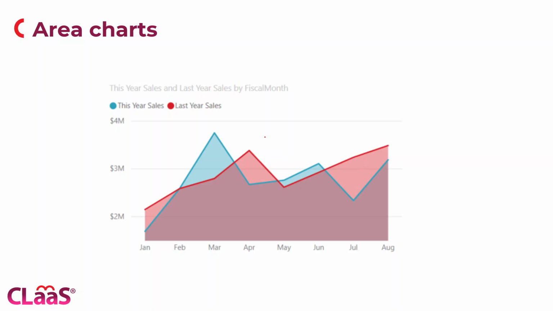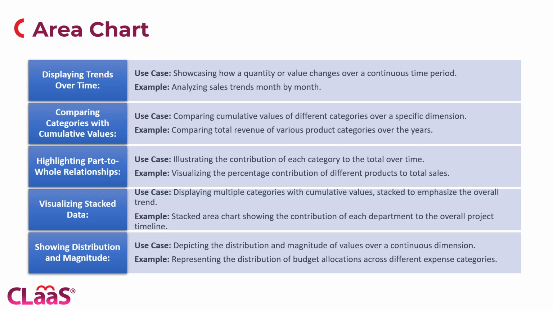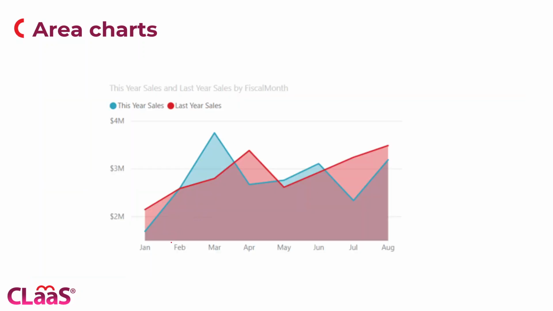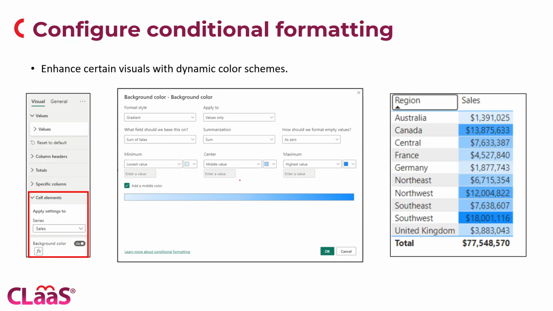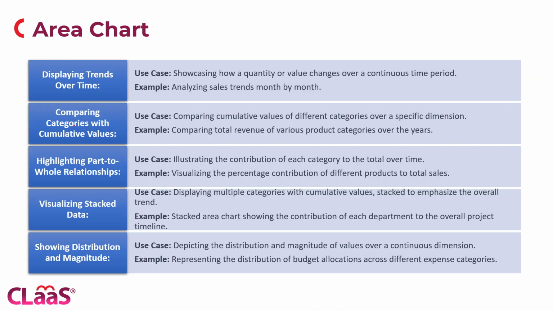And then area chart. Area chart is useful to display the trend over time. So the X is a time series, January, February, the month name. And then compare category with the cumulative value.